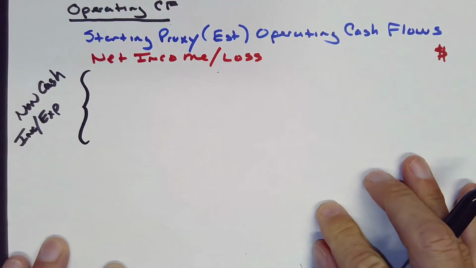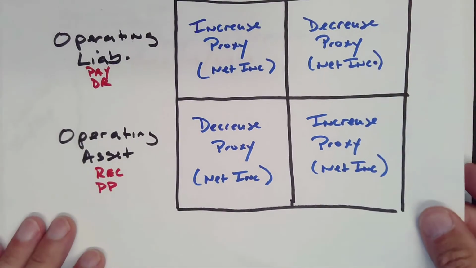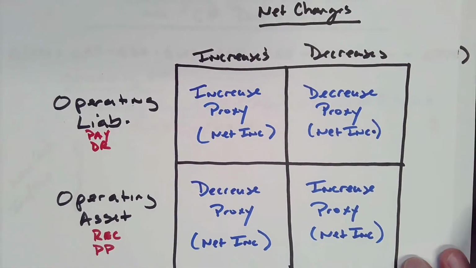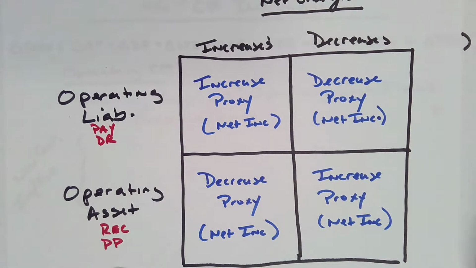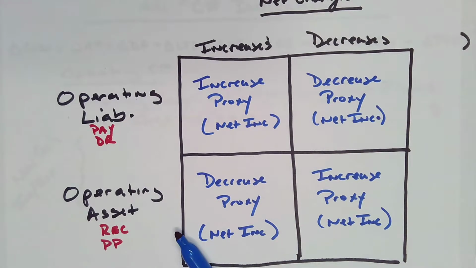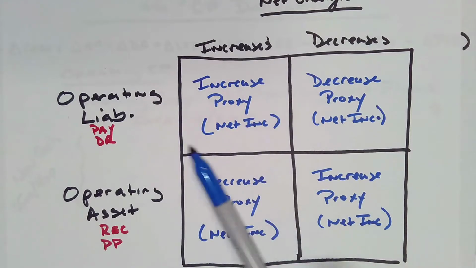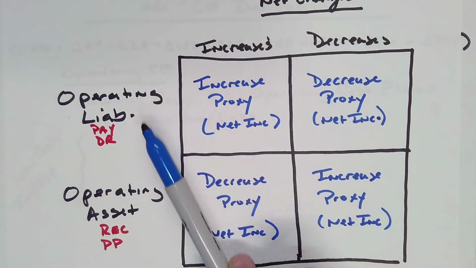The other section, and if you looked at a previous video, you've seen this, are the net changes in my operating accrual accounts, my operating liabilities, and my operating assets. And what we're doing is making adjustments to the proxy based on net increases or decreases in either of these accounts.